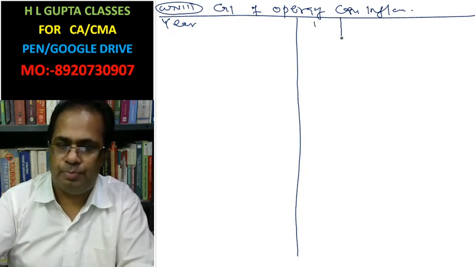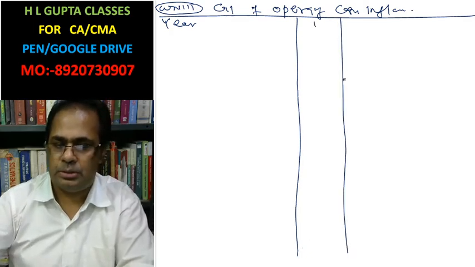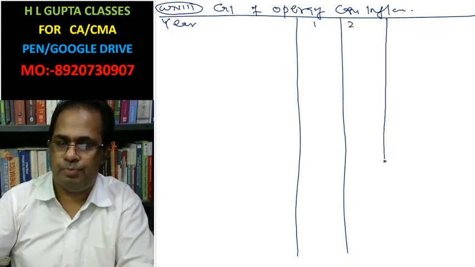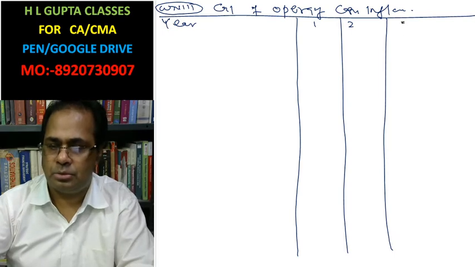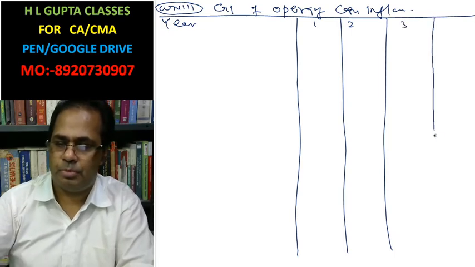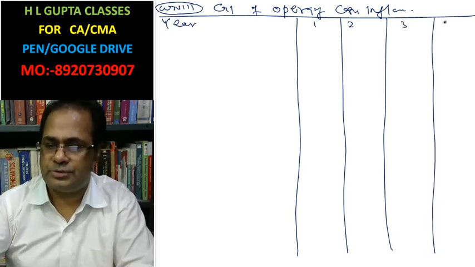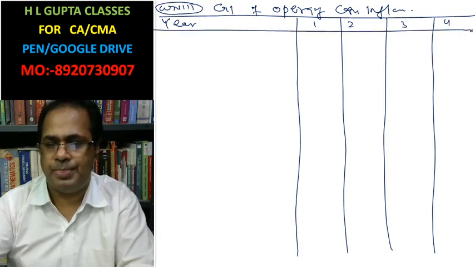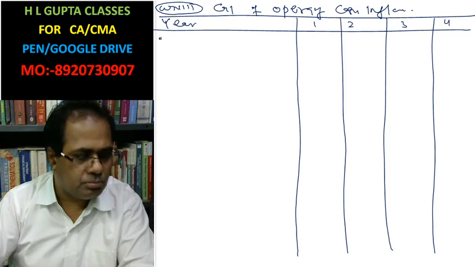Year 1, this is 2, 3, this is 4. Information is already given in the question sum, that is sales revenue.